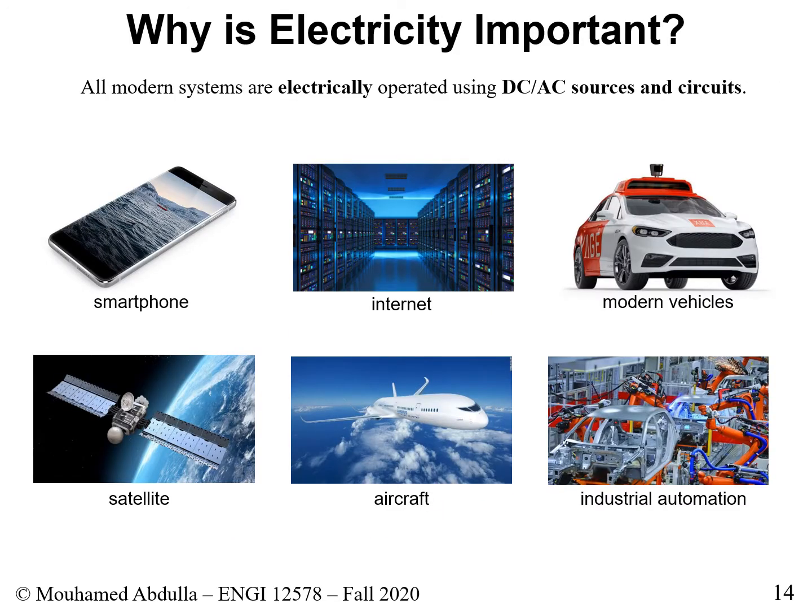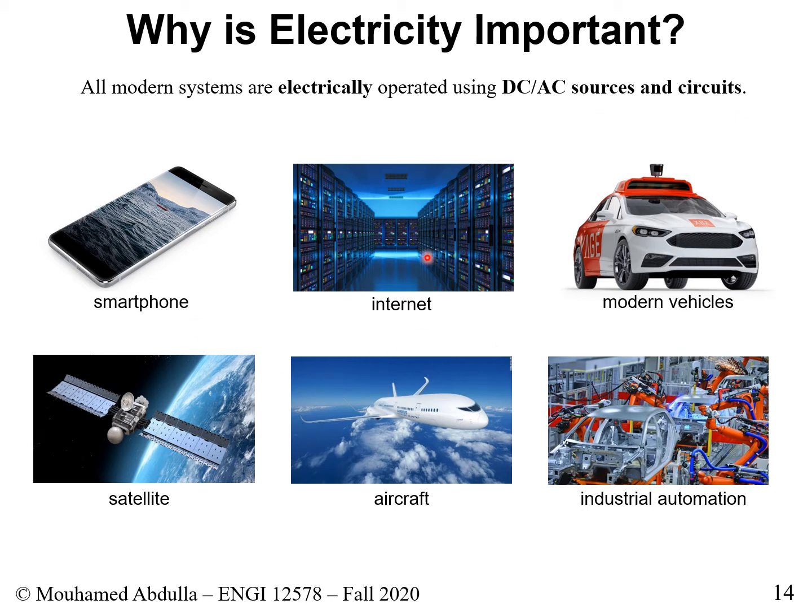As you are perhaps watching this lecture and you look around your surroundings, you could perhaps attest that everything that we have in our daily life operates based on some form of electricity. In fact, all modern systems are electrically operated using either DC or AC sources and circuits.